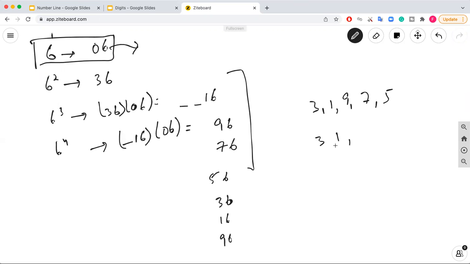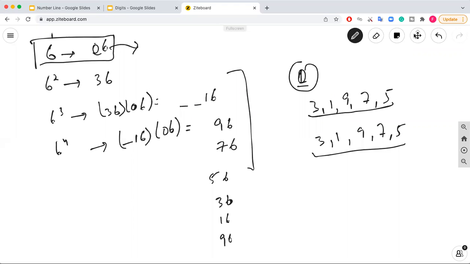Again, 3, 1, 9, 7, 5, right? So first one, then 5 repetition, then 5 repetition. The cyclicity is 5, with one exception, that is 0. Got the point? This is the exception. Afterward, there is a cyclicity of 5.